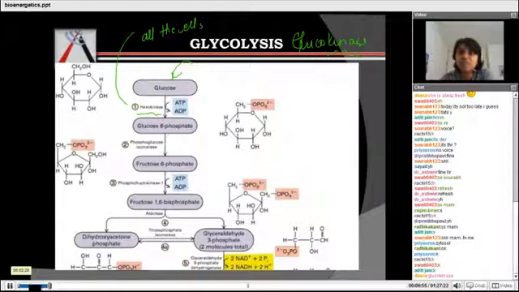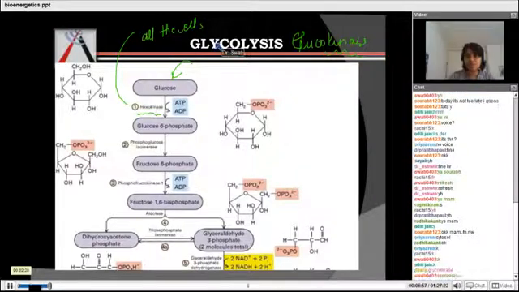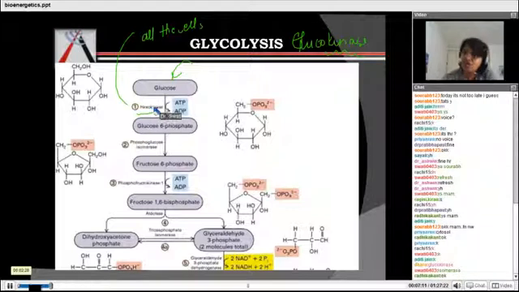So what does an isoenzyme mean? It's mediating the same reaction, but the two enzymes are different enzymes, though they are mediating the same reaction. So in liver, the same reaction is mediated by glucokinase, but in all the other cells, it is mediated by hexokinase. Hopefully that's clear.